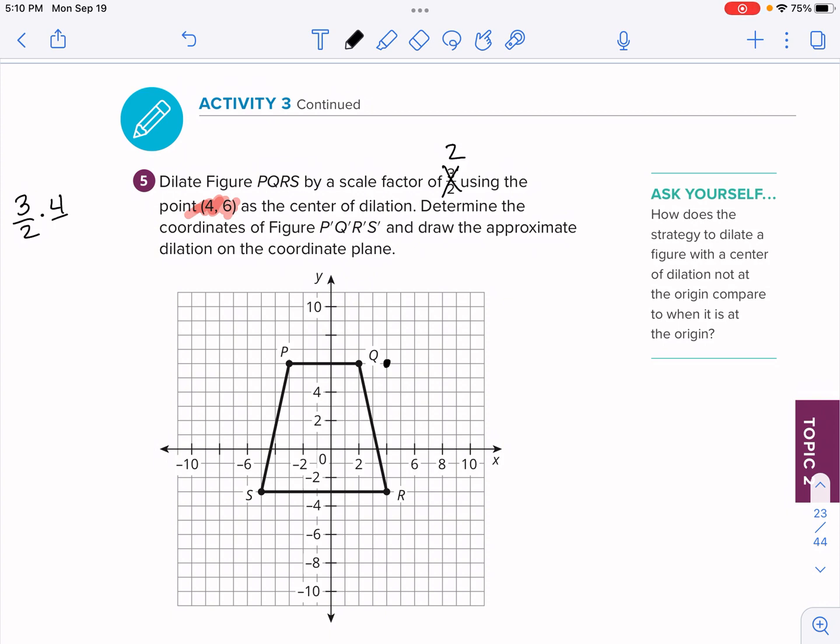How we would do that procedurally, you'd put 4 over 1 and then multiply across. 3 times 4 is 12. The denominators, 2 times 1 is 2. And then 12 divided by 2 will give us 6. So kind of a short little lesson on fraction multiplied with a whole number. But for right now, we're going to use our scale factor of 2.